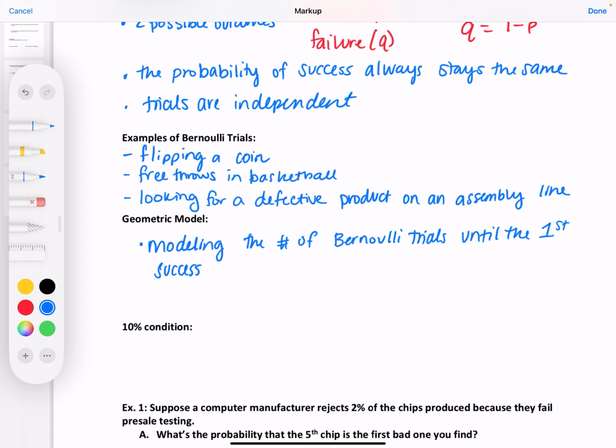The 10% condition in geometric models: trials aren't independent, since we are sampling without replacement.